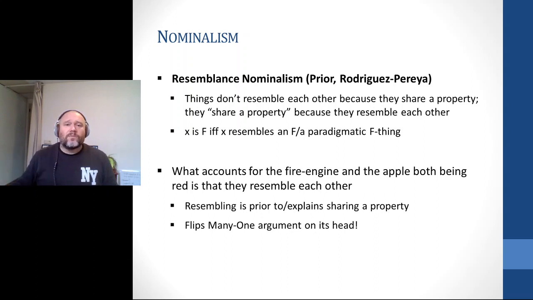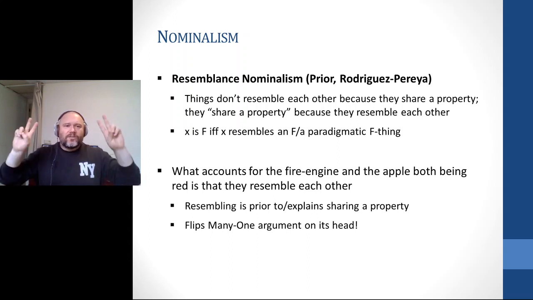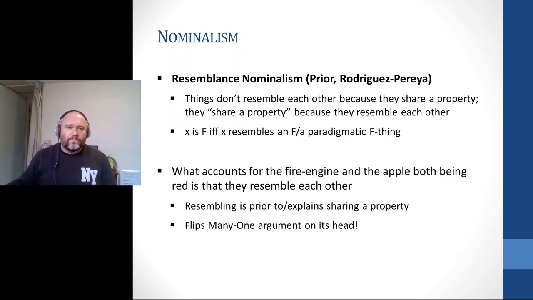Instead, what the resemblance nominalist says is the brute fundamental facts are about resemblance. Things don't resemble each other because they share a property. Rather, we can talk as if they share a property because things resemble each other.